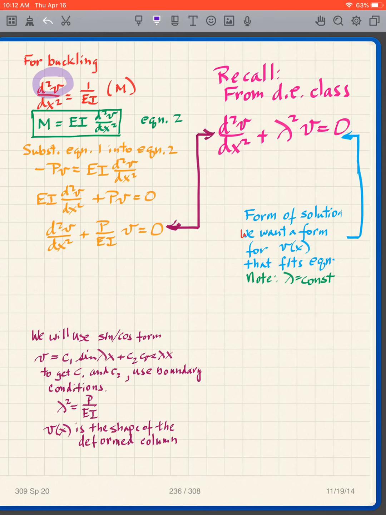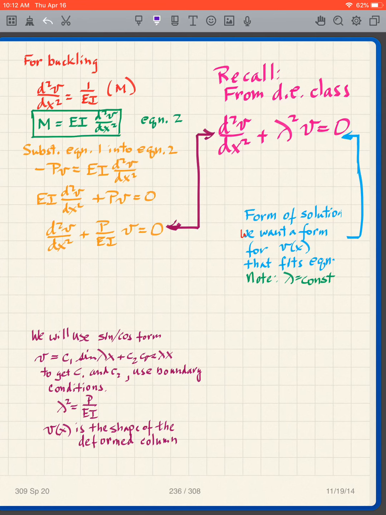So I'm going to use that equation in this form. Rearranging this, I get M is equal to EI times the second derivative of v with respect to x. I'm going to call that equation 2. And I'm going to substitute equation 1 into equation 2.